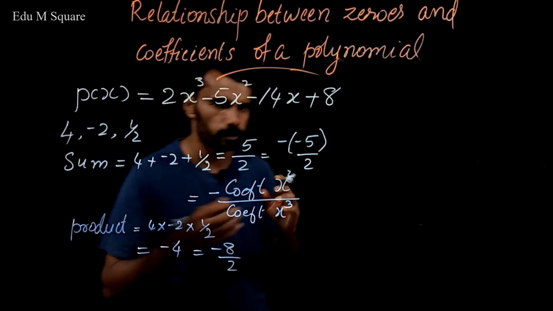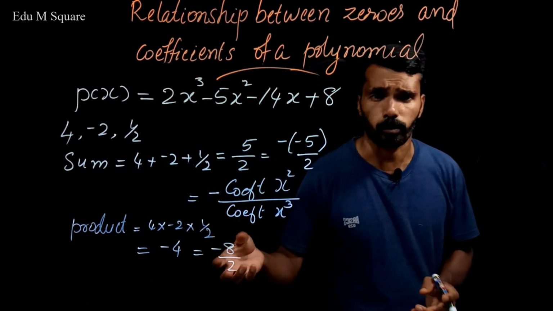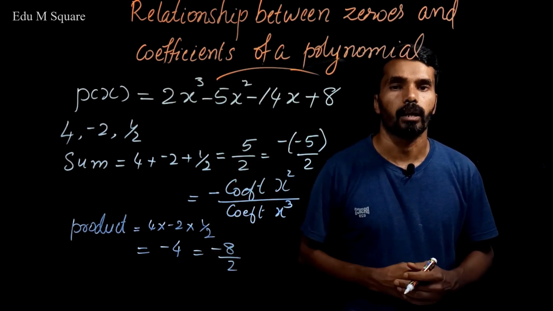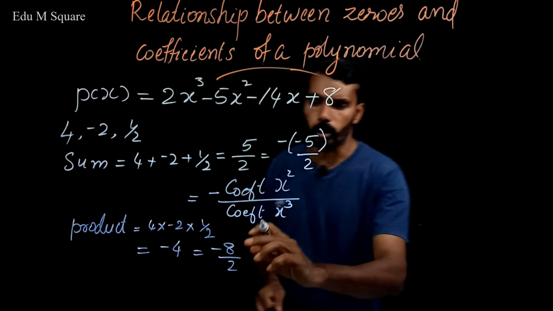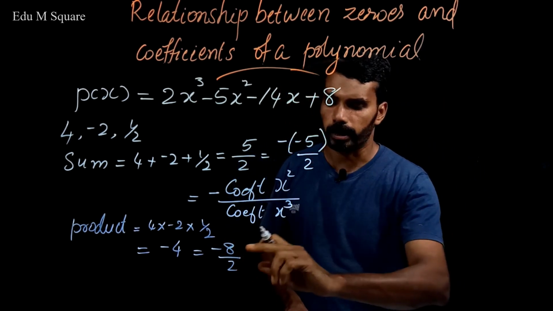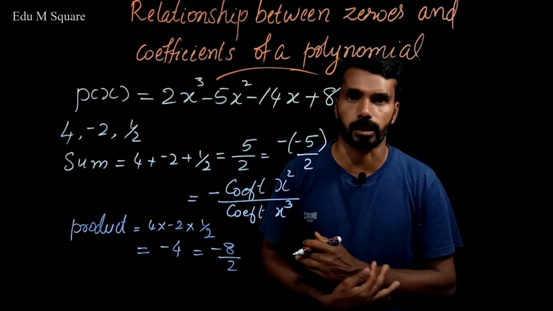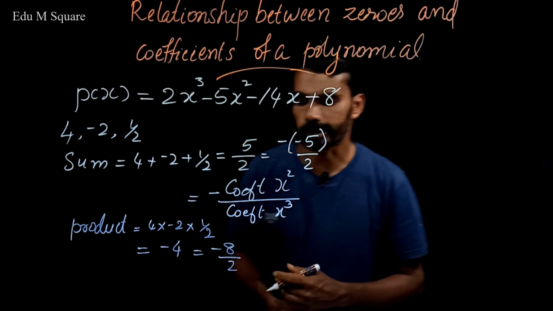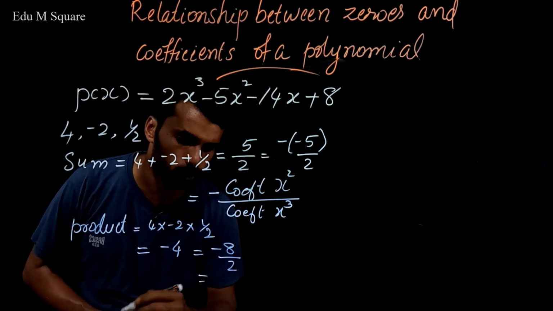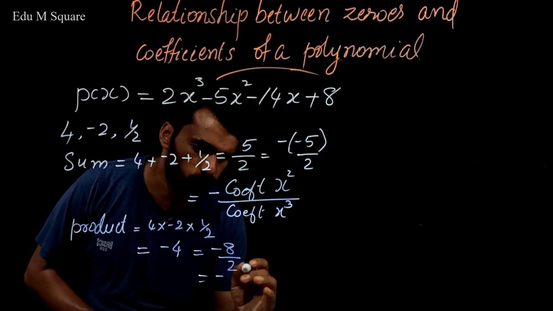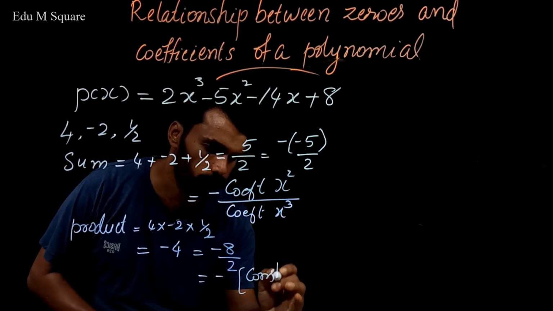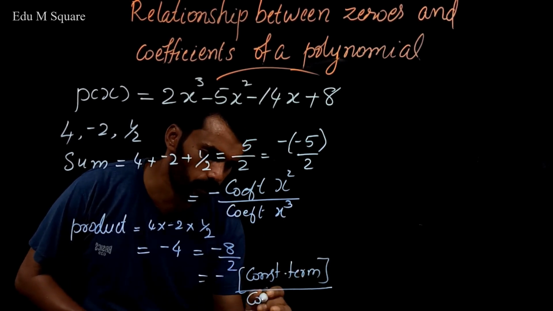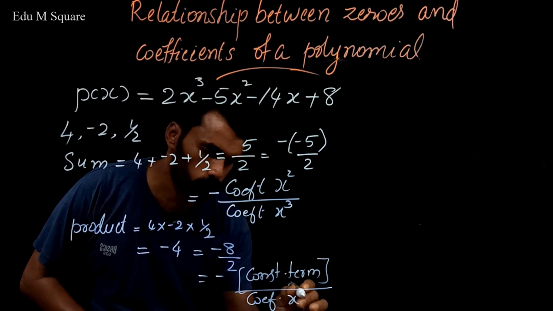Again, to compare this with the coefficients, what is minus 8? 8 is the constant term there. Now 2 is again the coefficient of x cube. So this is equal to minus of the constant term divided by the coefficient of x cube.